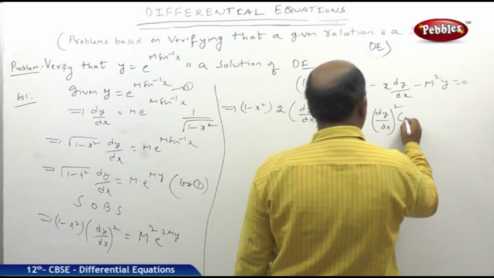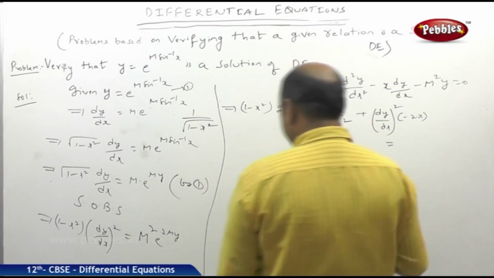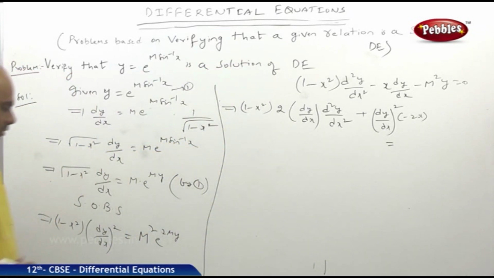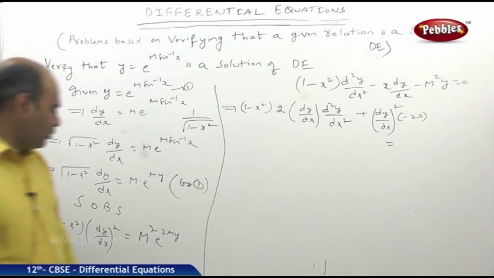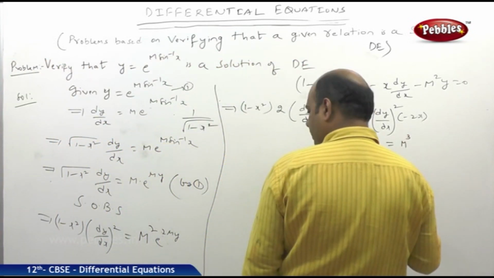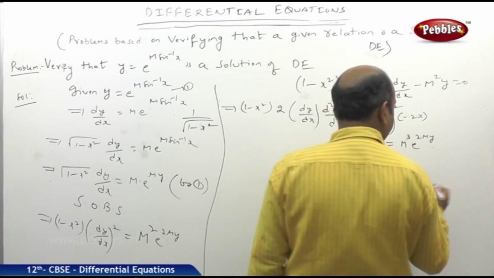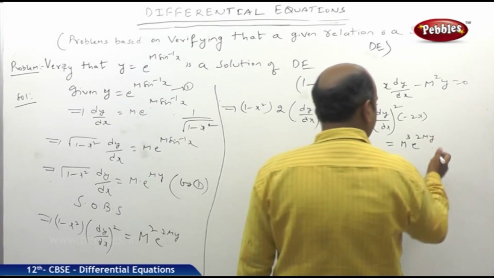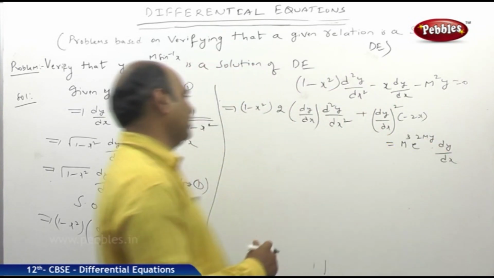The derivative of 1 minus x square means minus 2x is equal to, again here e power 2my is there. Already one m square is outside, that becomes m cube, and e power 2my, because the derivative of e power x is e power x, but here the function y is there, so it becomes dy by dx.